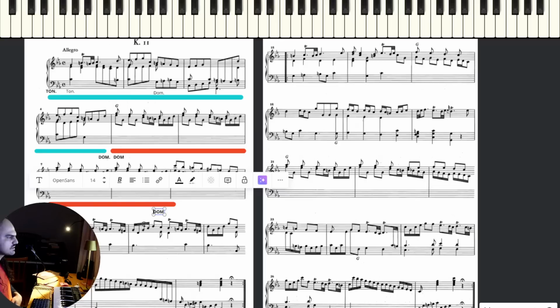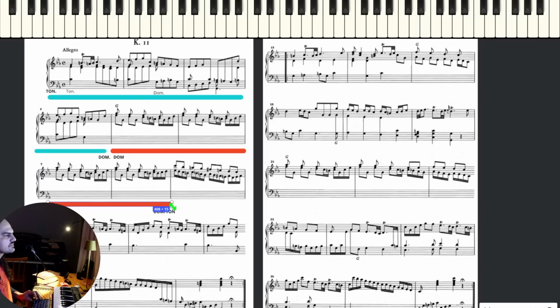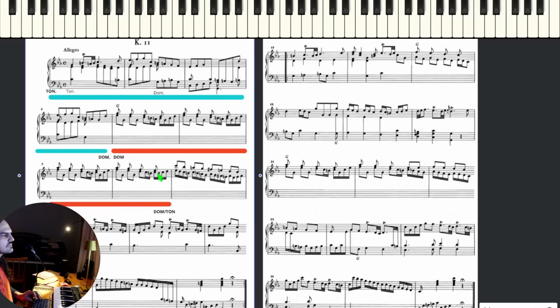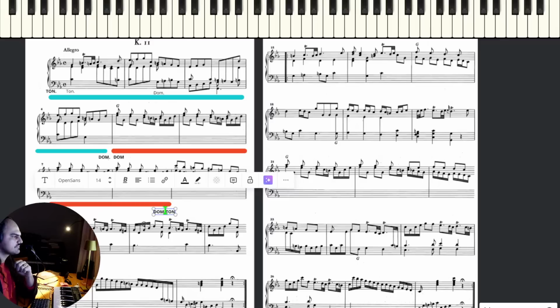So I think this is a question of interpretation here. So this section ends in the tonic here if you consider just the tones, but I would consider the effect of this pedal tone there. So I think the most correct is the dominant.